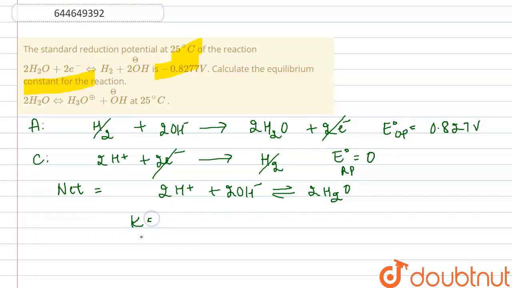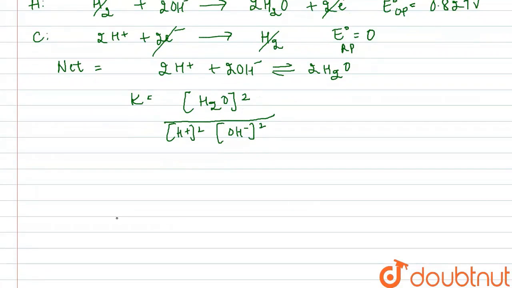So when we will calculate K here, that is K equilibrium, it will come out to be what? It will come out to be concentration of product, that is H2O, raised to the stoichiometry divided by concentration of the reactant, which is H plus raised to the power 2, OH negative raised to the power 2.